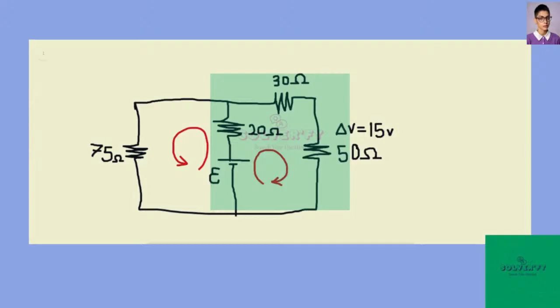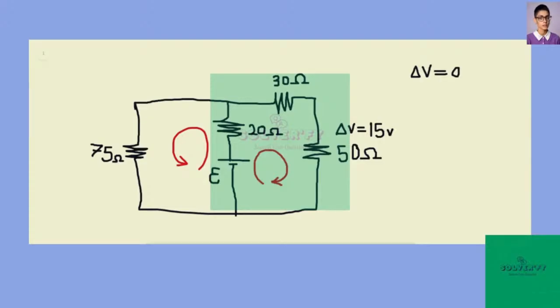Specifically, Kirchhoff's law says that around that loop the sum of the potential differences has to equal 0. There are a few potential drops and jumps that we should remember in this circuit, including the battery as well as all the resistors.